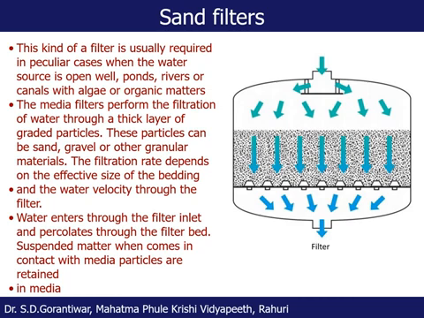Water enters through the filter inlet and percolates through the filter bed as shown in the figure. Suspended matter, when it comes in contact with media particles, is retained in the media itself. So here you see that there is an inlet at the top, so water from the main line will enter into this tank. Basically a sand filter is nothing but a tank which has a bed of sand of a particular size, and below the bed of sand there are nozzles like this.